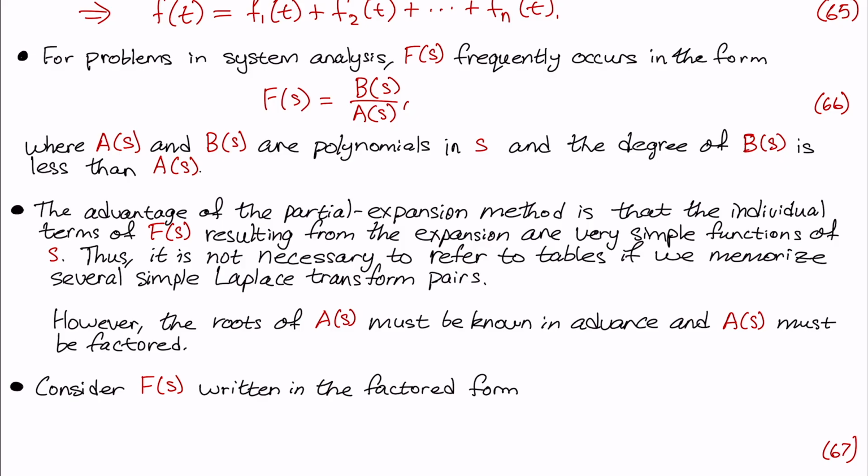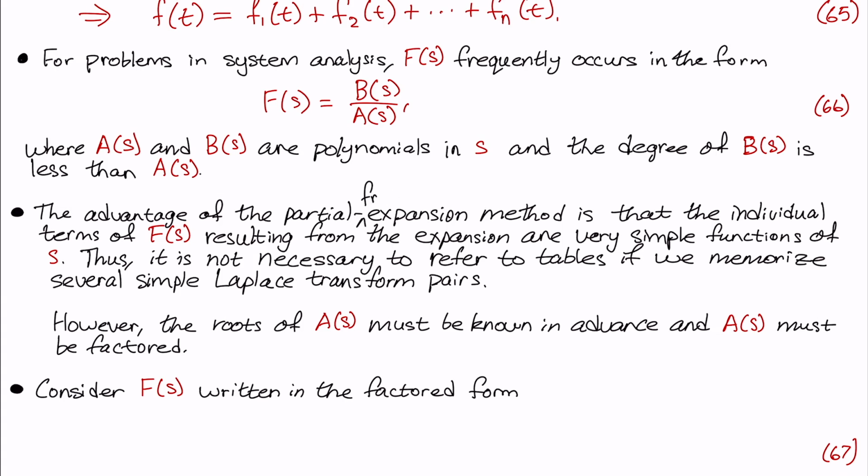All right, so the advantage of this partial fraction expansion, I left out the fraction here. I'll write that in green. So the advantage of this partial fraction expansion method is that these individual components of F(s) will end up being very simple functions of s, which then means that it's going to be relatively simple for us to take the inverse Laplace transform.